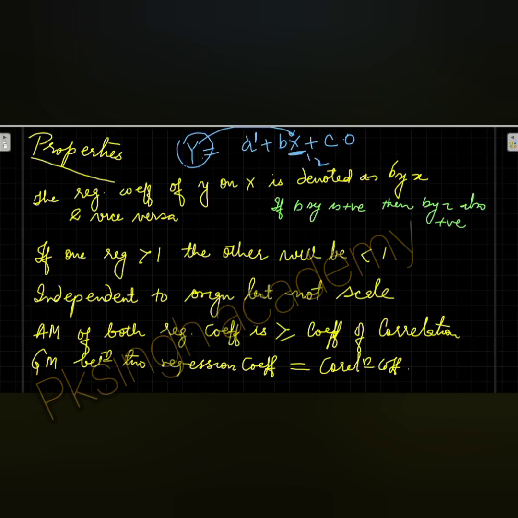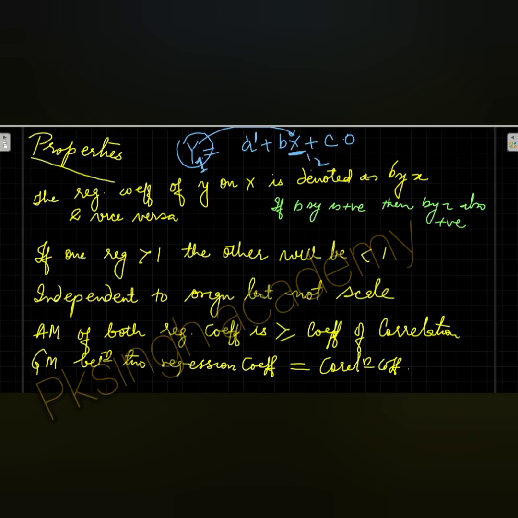When we evaluate the equation, we will see that the value of y will be 1. So if one regression coefficient is greater than 1, here the 2, the other will be less than 1. We see that it is less than 1.